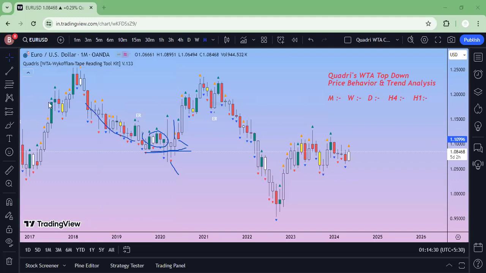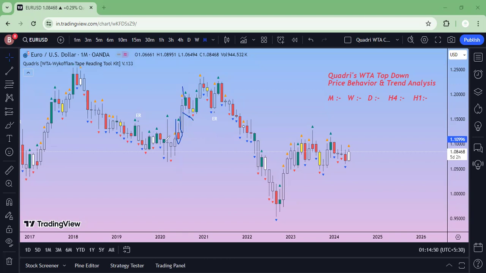That means this was a testing phase or testing area. And after this testing area, it's my observation that whenever we see this kind of bar, we see a follow through like this. So after that, we have demand.